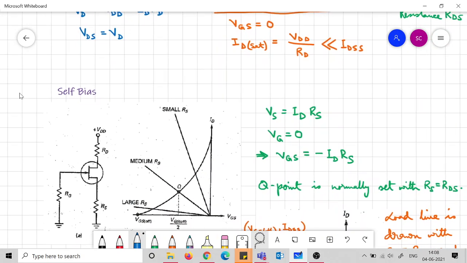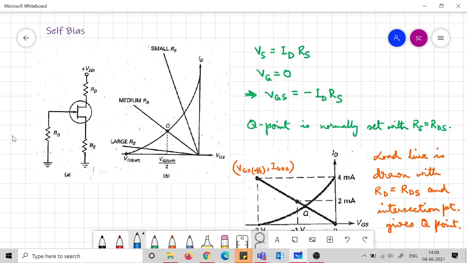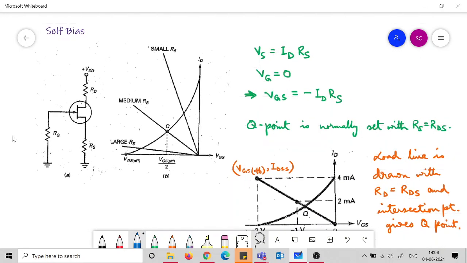The next bias that we would study is the bias where we are setting up the JFET in the active region. This is the self bias. Now we wish to make the JFET act as an amplifier for amplification of AC signals, though AC signals are not present right now.